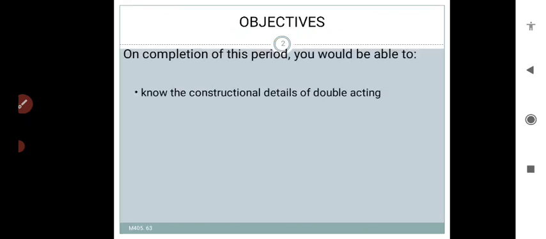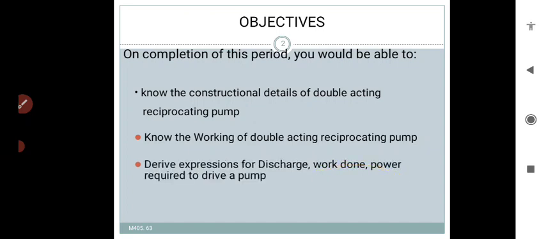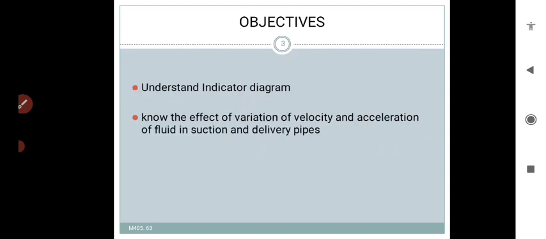Today we are going to discuss the construction details of the double acting reciprocating pump, the working of the double acting reciprocating pump, and derive the expression for discharge, work done, and power required to drive the pump.